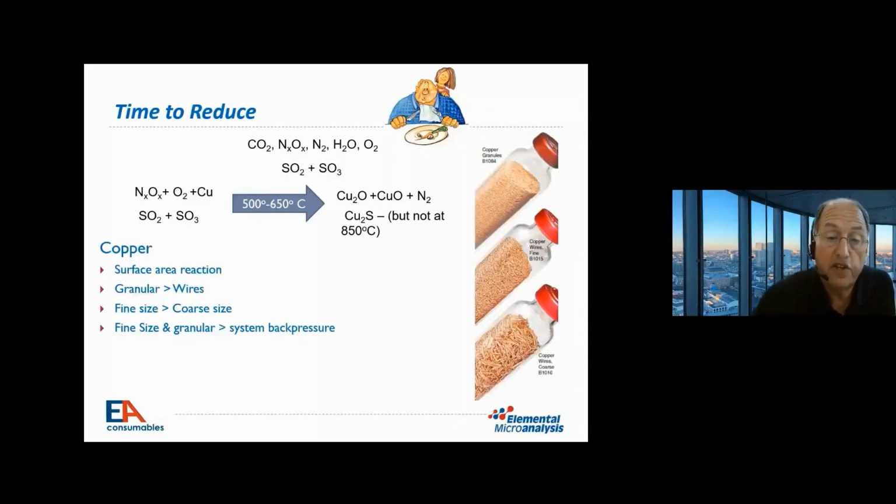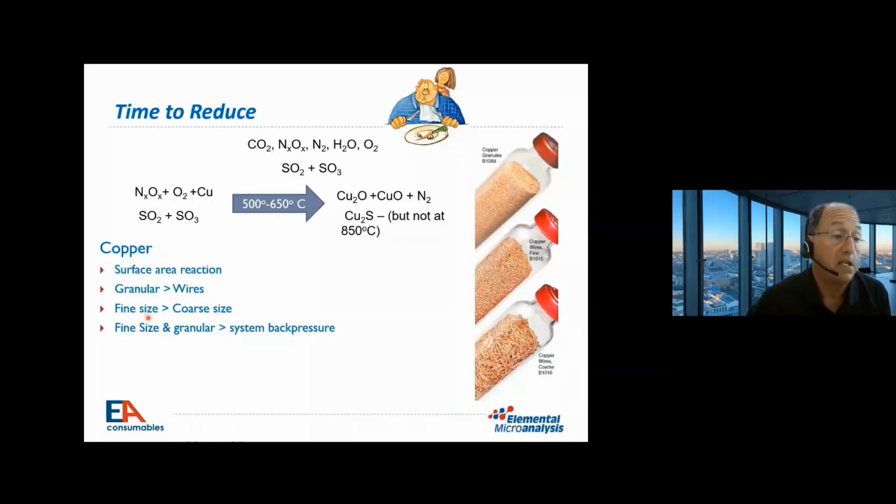Now, the biggest job in the reduction tube is the removal of the excess oxygen, which is shown up here. And we do this over copper. And copper is, as we mentioned before, a surface reaction, and it is available in different forms. So granular copper, shown here, has higher capacity than wires.